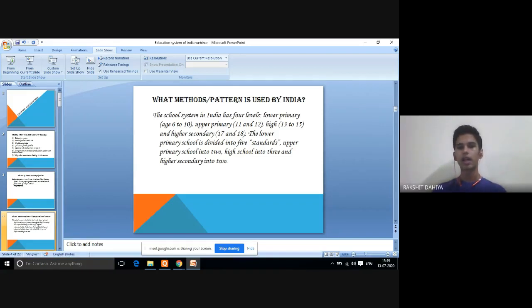Upper primary consists of 6th and 7th. High school is 8th, 9th, and 10th. And then higher secondary is 11th and 12th. The lower primary school is divided into 5 standards, upper primary into 2, high school into 3, and higher secondary into 2, which I just told you. So let's move to the next slide.